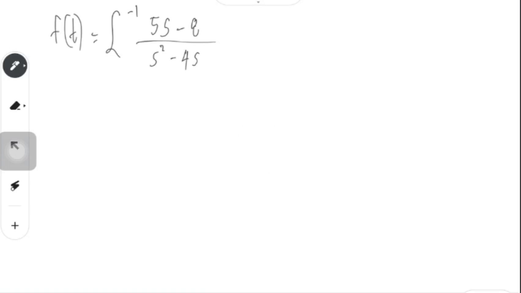Meron ba tayong ganyang form doon sa table? Wala po, sir. Paano gagawin natin? Dapat ma-reduce natin into that form.